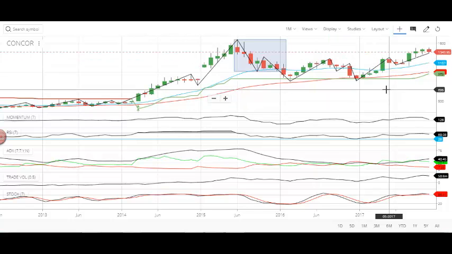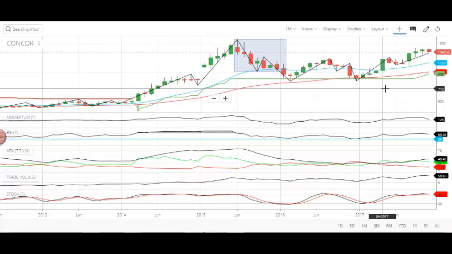A few parameters have to reach the benchmark level to make this stock eligible for long-term investment. Until then, we need to wait and watch. So I can say, as per me, this stock is good for short-term investment, but not good for long-term investment at the moment. So we keep the stock in wait and watch mode when it comes to long-term investment.